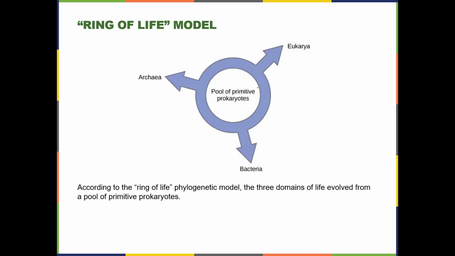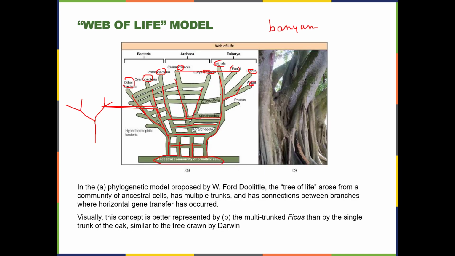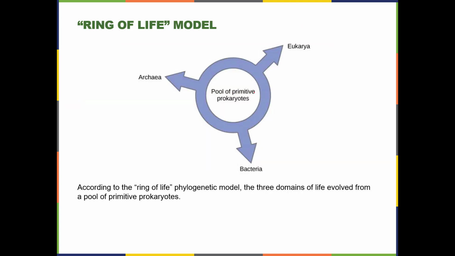There is another model. I don't know if this is significantly different or if it's just another version of the one I just showed you. That there was probably a group of prokaryotes. We don't know. The first life probably formed in some different versions.